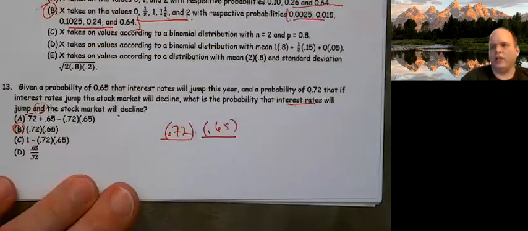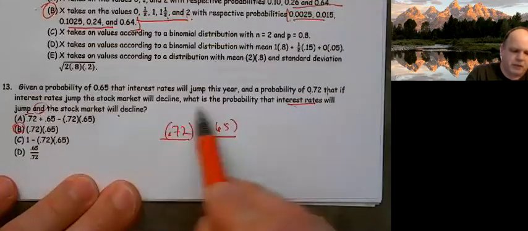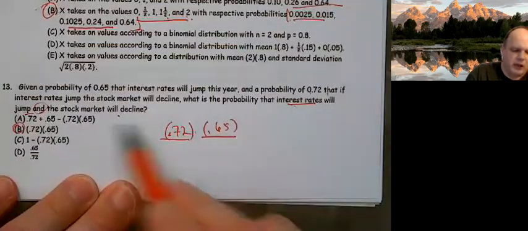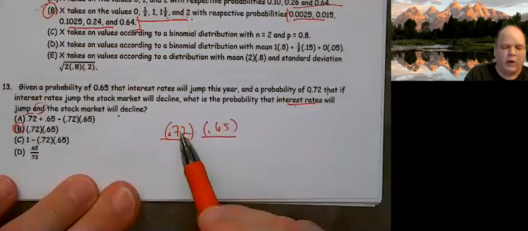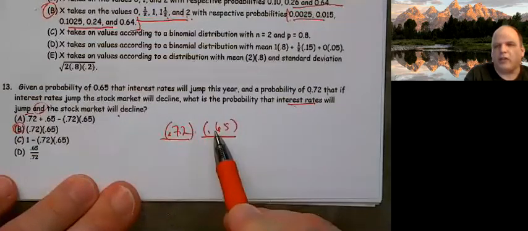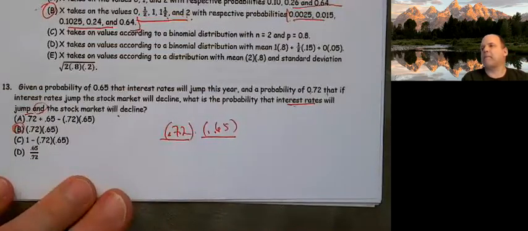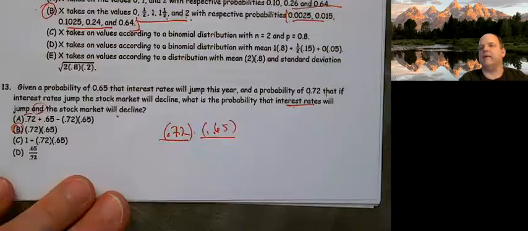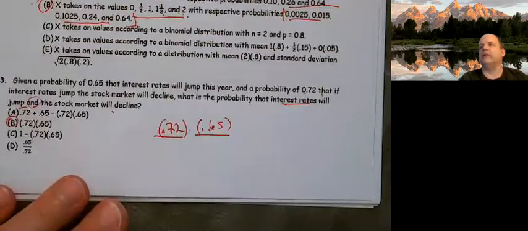When they said that if the interest rates jump, then this probability is 0.72. And since they conditioned and said, if this happens, this will happen at this percent, we can multiply them because they've already done that, okay? All right.